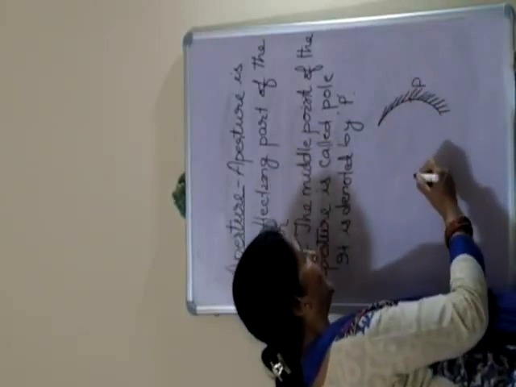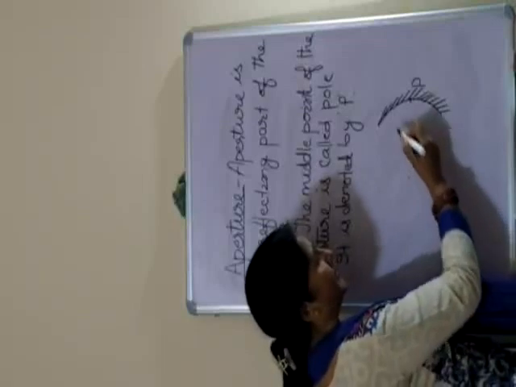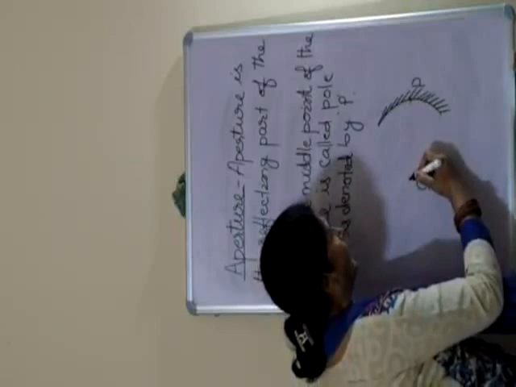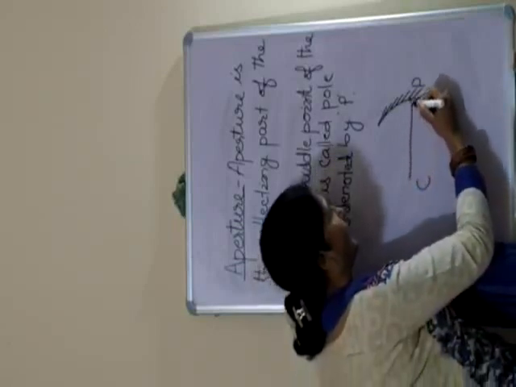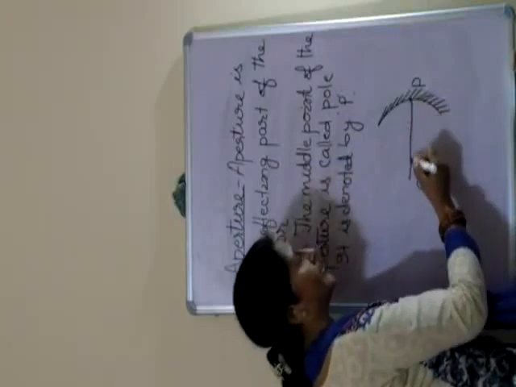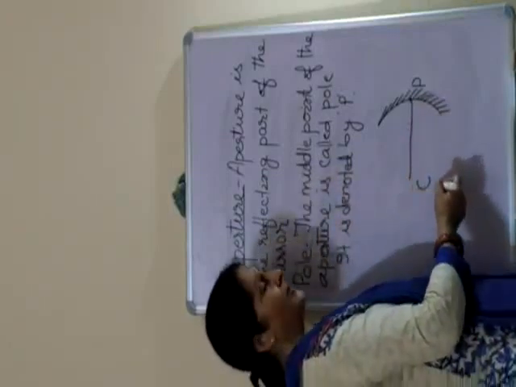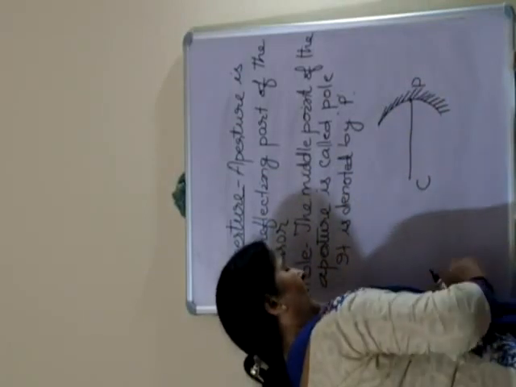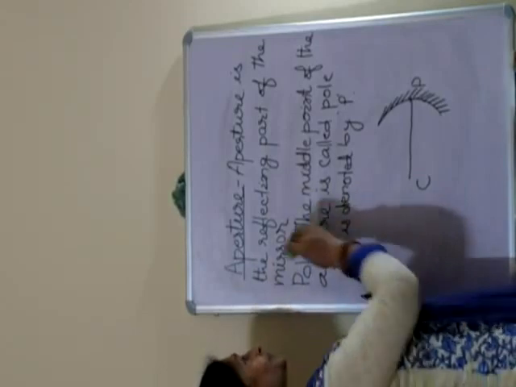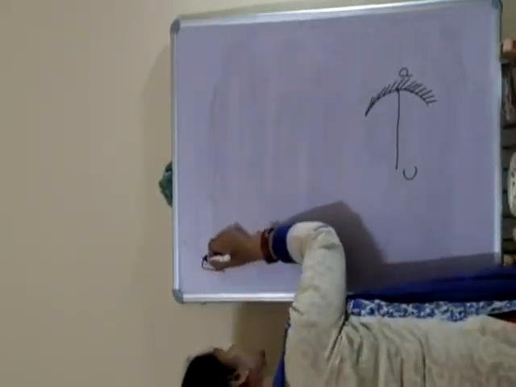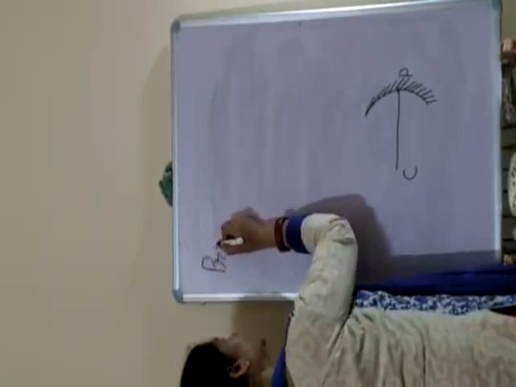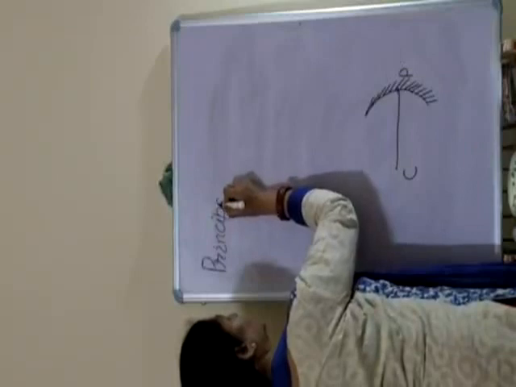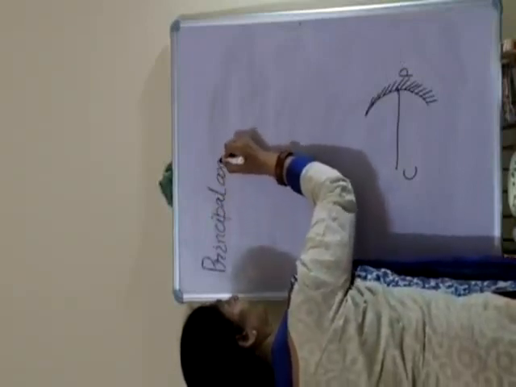And suppose this is the center of the sphere of which this mirror is a part. So this is C, and the straight line joining these 2 points, the straight line joining the center of curvature and the pole, is known as principal axis. Principal axis.